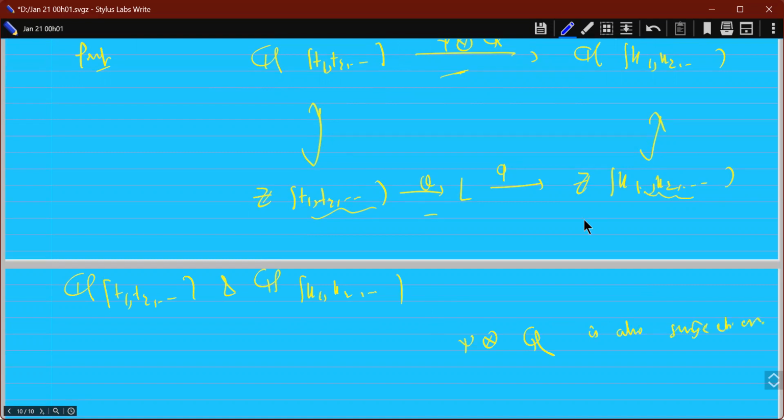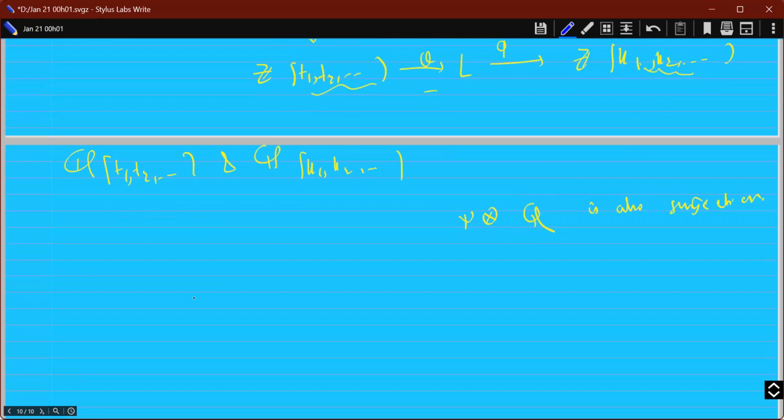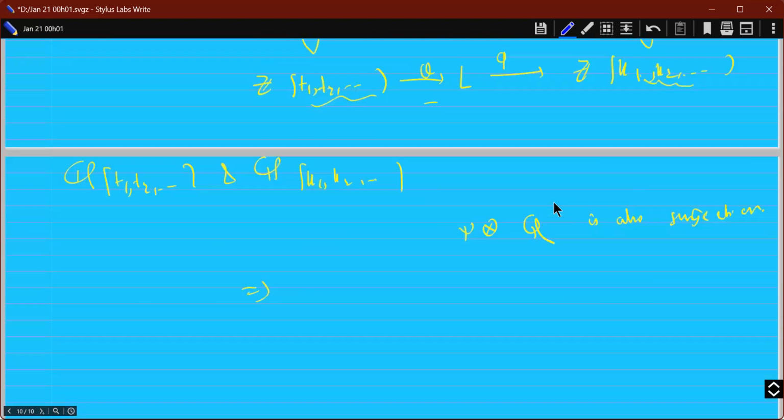So we have proved that the bottom map is an injection and this upper map is a surjection. So that will imply that this is a bijection, as an isomorphism.